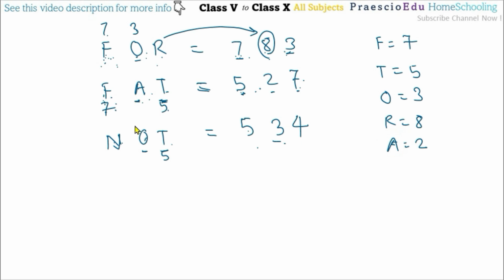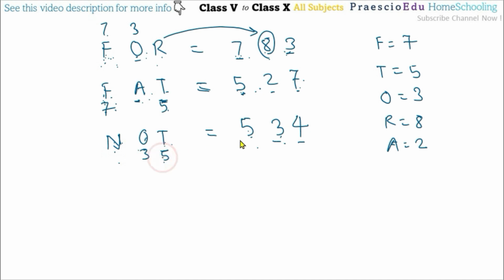Now if we compare here NOT, for this one O is equal to 3 and T already 5. So O is here remaining, and 3 and 5 we already got these digits. So 4 is balanced. Now O is equal to 3 we know, T is equal to 5 we know, but the N value we don't have.